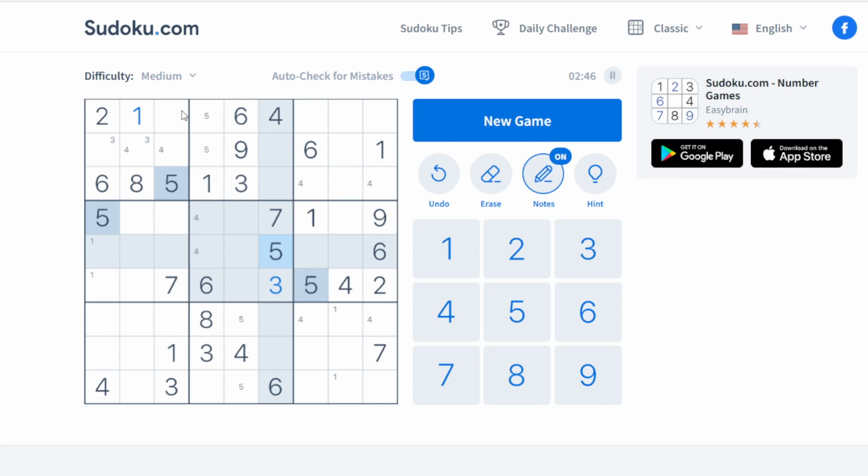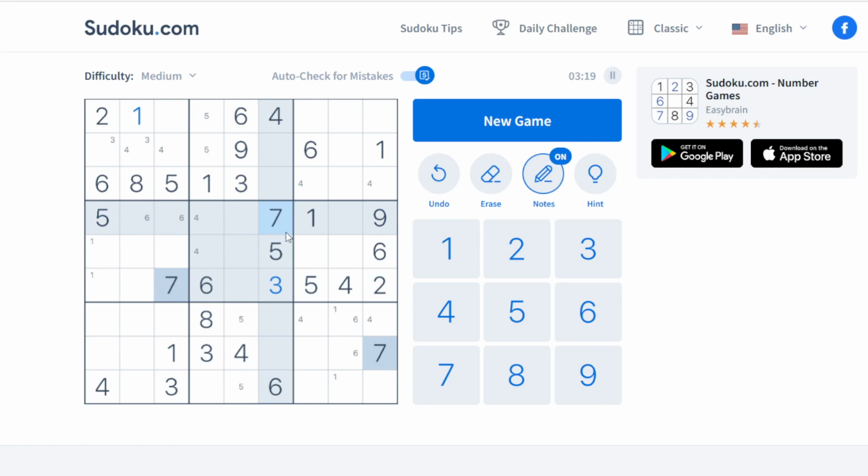I'm not seeing anything else for the 5s, so I guess we're moving on to the 6s. Over here, we can make note of the 6 in here or here. The 6 must be here or here, given this information. And I believe that's all we can take note of for now.